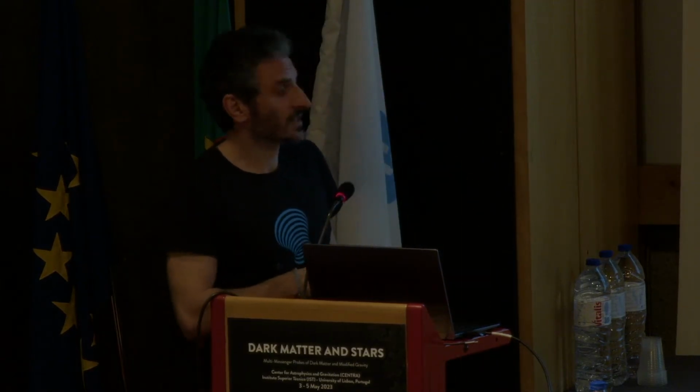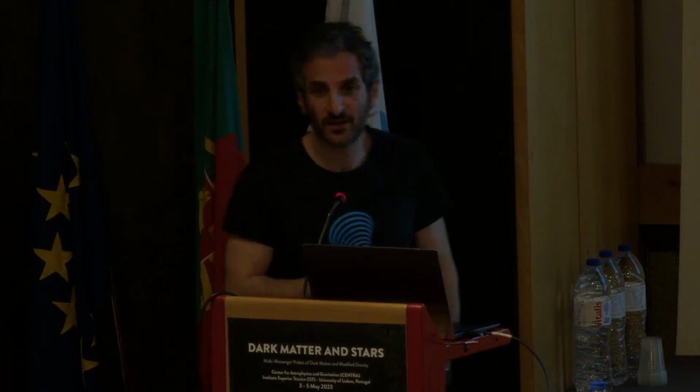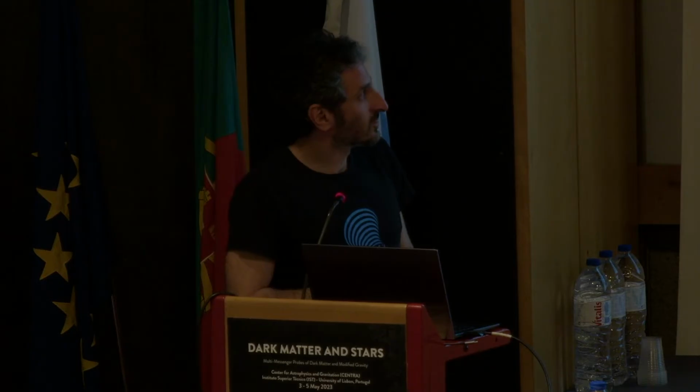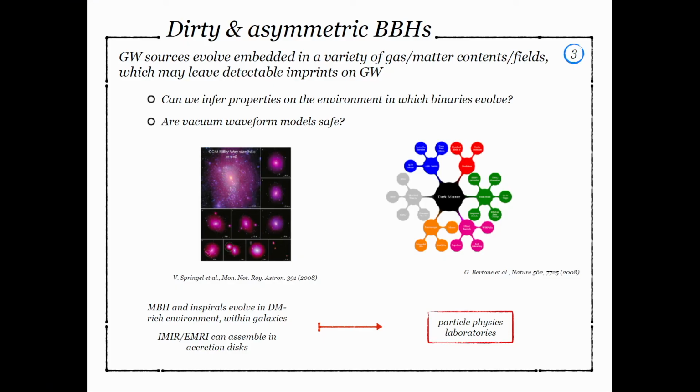And then there are physical reasons, especially for asymmetric sources: we know that massive black holes evolve in dark matter-rich environments within galaxies. And then there are particular systems like EMRIs, here it should be IMRI, another class of asymmetric binaries, which is intermediate mass ratio inspirals, which may assemble, for example, in accretion disks, so again a dense environment.